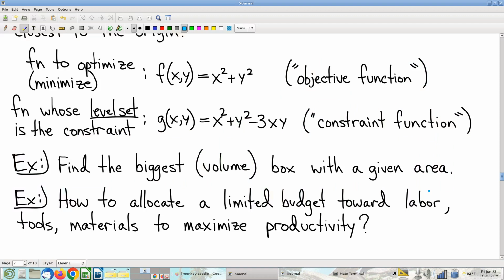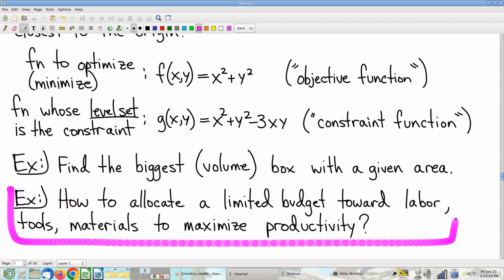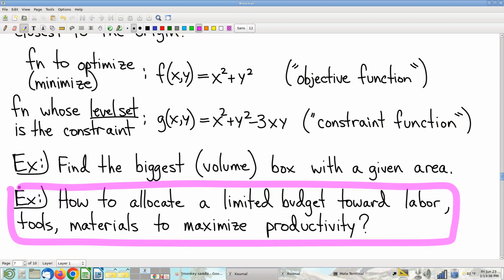Okay, now let's look at a more real-world example. I want to maximize my productivity, as a lot of businesses want to do, but I have to recognize I have a limited budget with which to buy materials and hire labor. So how would I fit this into our format?